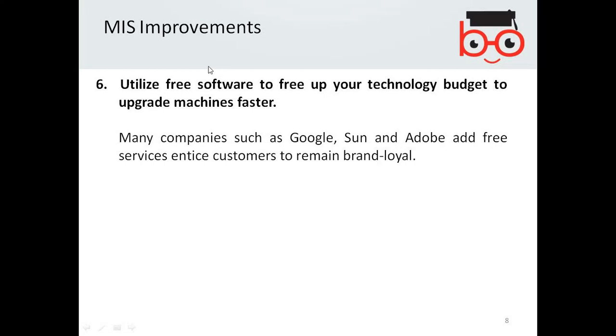So try to use free software. It will help you upgrade machines faster, so go ahead with free software and try them. If the brands are free, they always provide the best services.